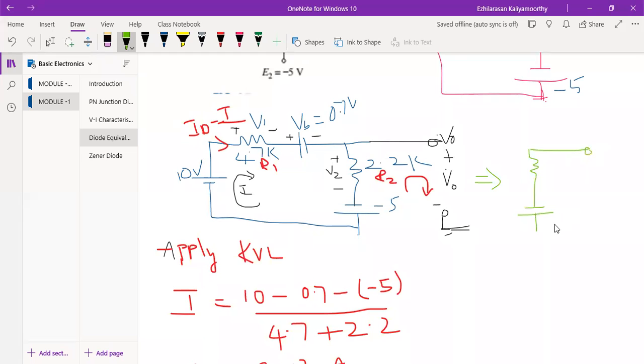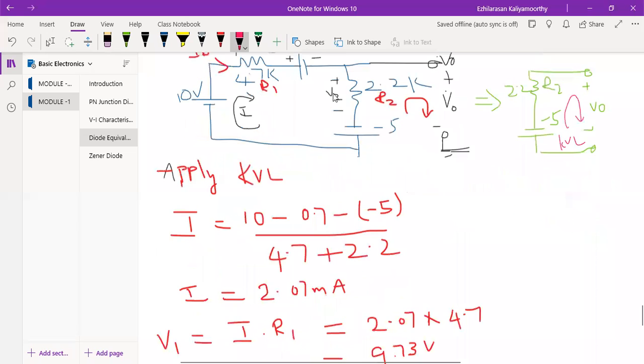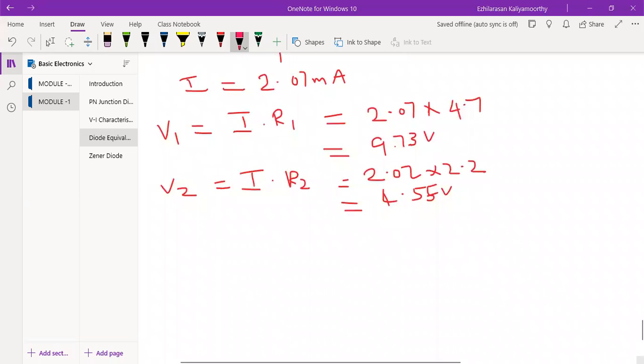Okay, see, plus minus V naught. This is V naught. This is your 2.2, this is R2. This will be your minus 5. Now what you have to do? We need to apply KVL on this output side. So what will I get in this KVL? We may get minus 5.